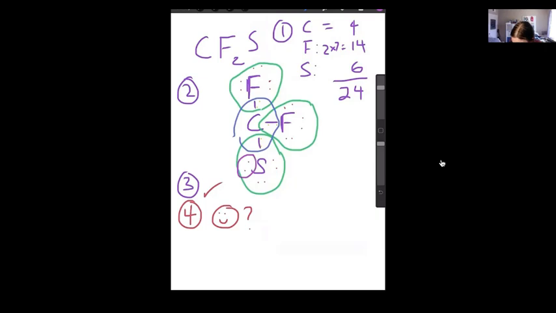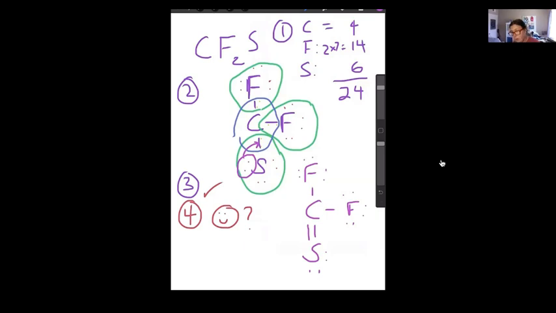We'll take these 2 electrons and put them into a double bond. And then we'll look again. So we've got carbon, fluorine, 1, 2, 3, 4, 5, 6. Fluorine again, 1, 2, 3, 4, 5, 6. And sulfur, 1, 2, 3, 4, and a double bond here.